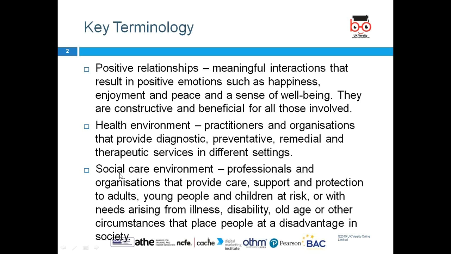Then we have social care environment, which is another key terminology, which is professionals and organizations that provide care, support, and protection to adults, young people, and children at risk, or with needs arising from illness, disability, old age, or other circumstances that might put them at a disadvantage.